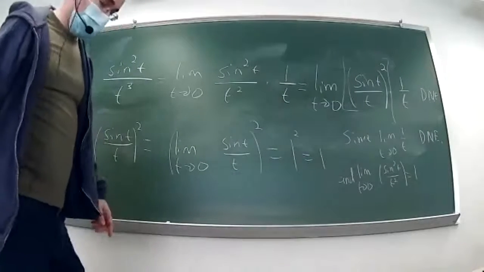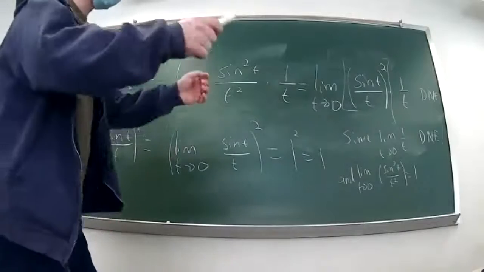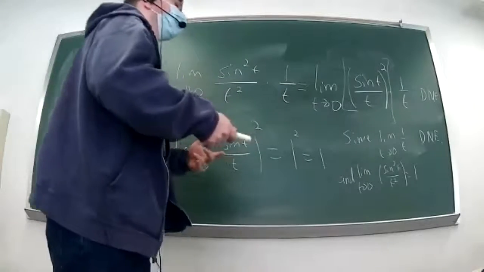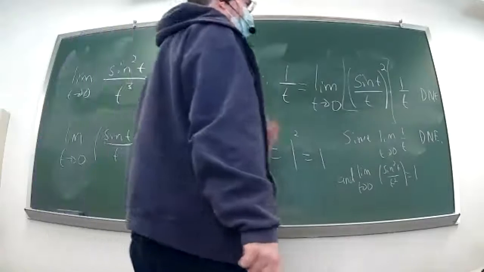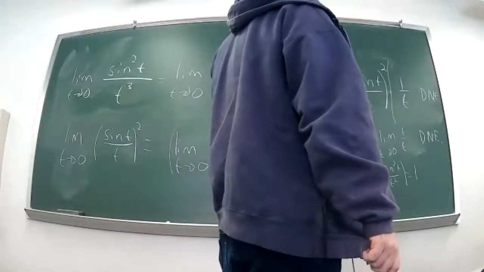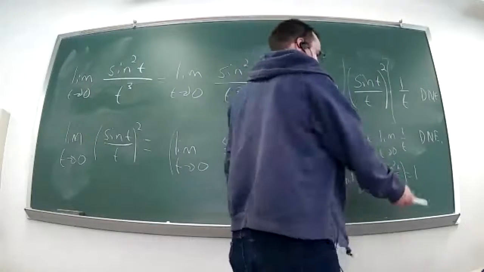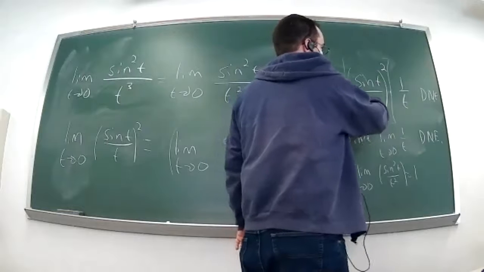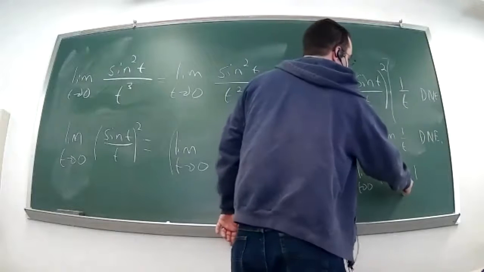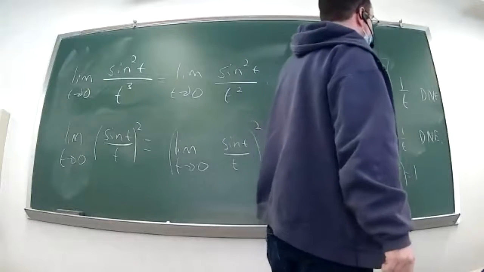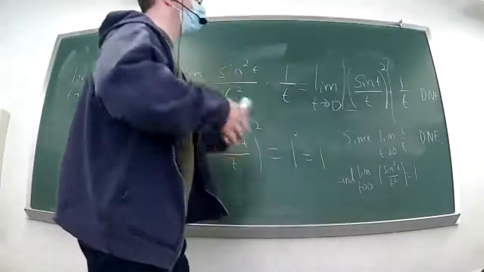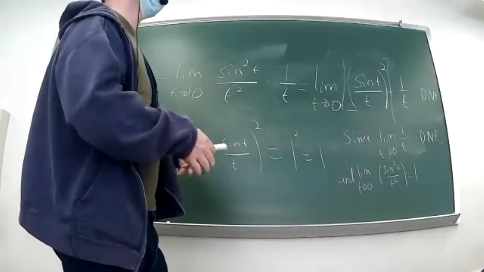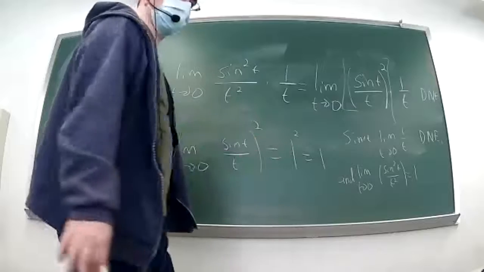The limit law only works when both limits exist, and then the product of the limits is the limit of the products. So I had to be a little bit careful in the way I explained it, to just note that this part of the product is going to 1, this part of the product is going to plus or minus infinity, so therefore the product of those two things is going to plus or minus infinity.